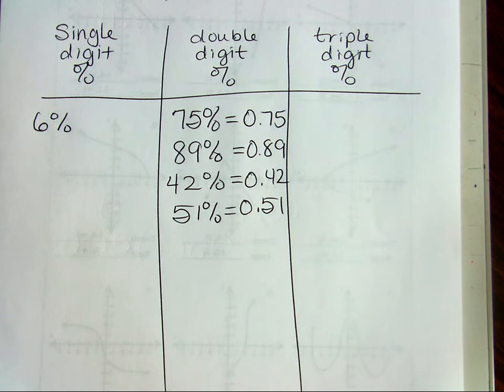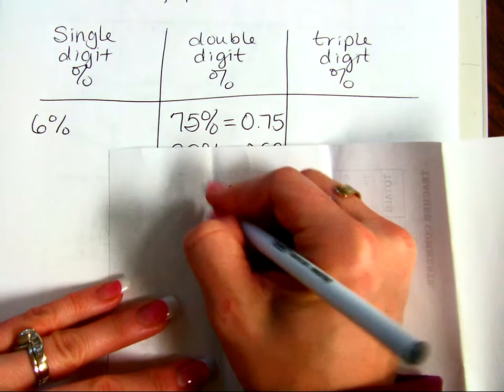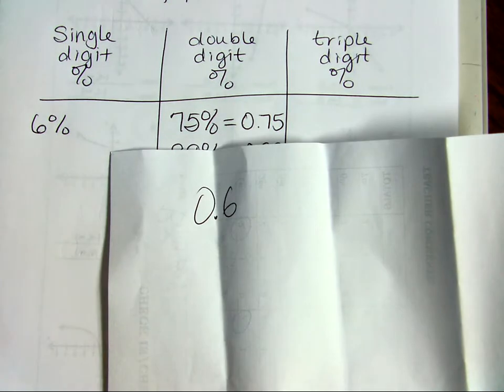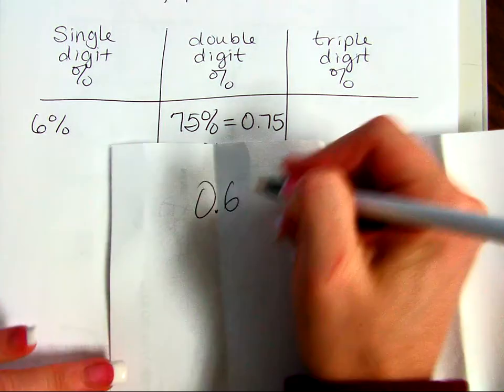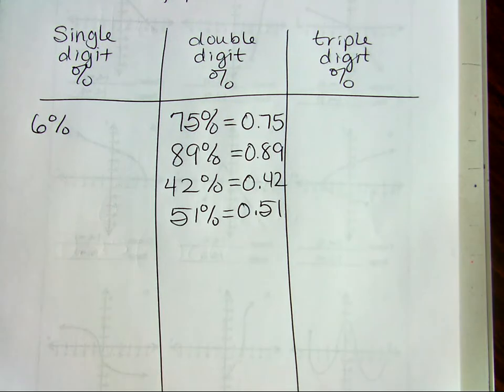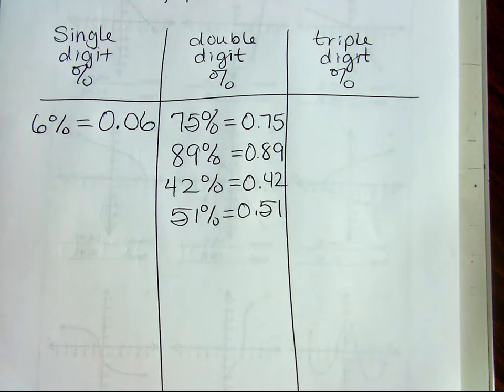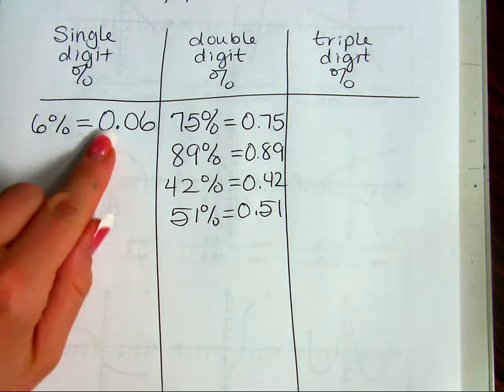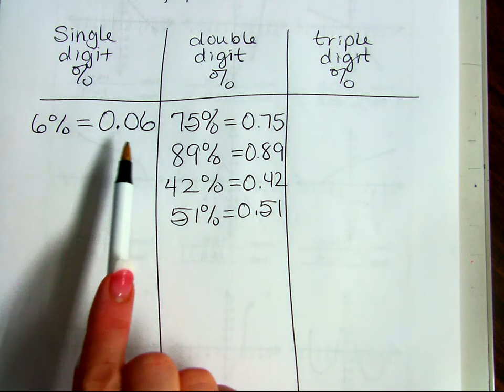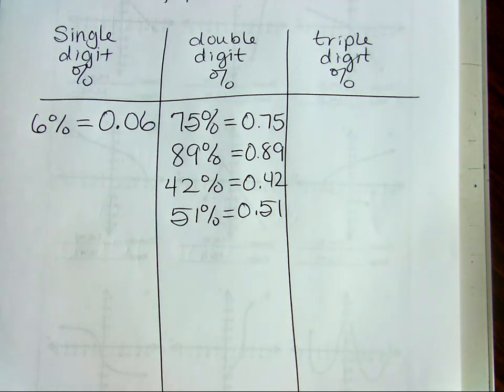So everybody, for some reason, thinks that it's okay to write this as that. That's not 6 cents. That's 60 cents. So how should you remember to write single-digit percents? You always put a 0 in front of that. Okay? Yes. There you go. So 6 cents is 0.06.